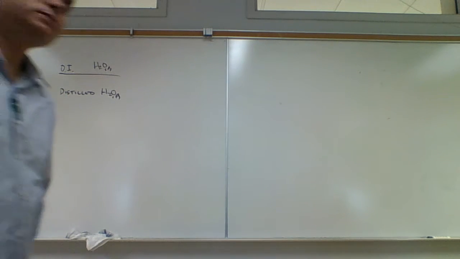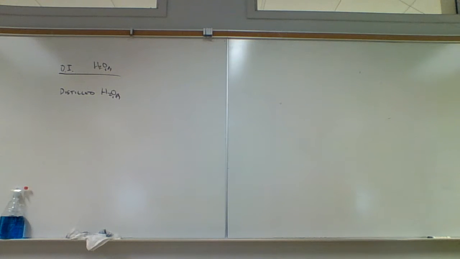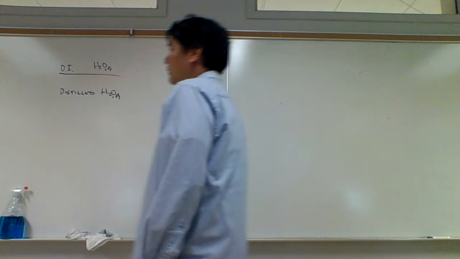And the deionized wasn't good enough. What they do is they take the deionized and then they distill it. They distill it once and then distill it twice. So it was called doubly distilled deionized water. And then hit it with UV after that, in case there's anything growing around there.